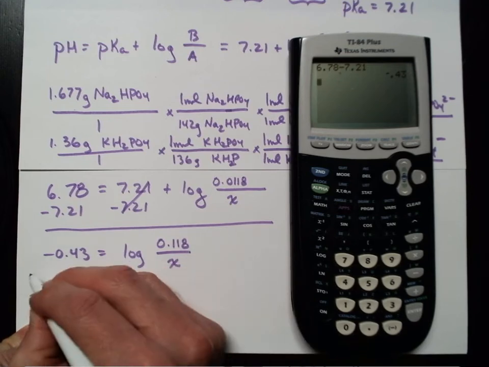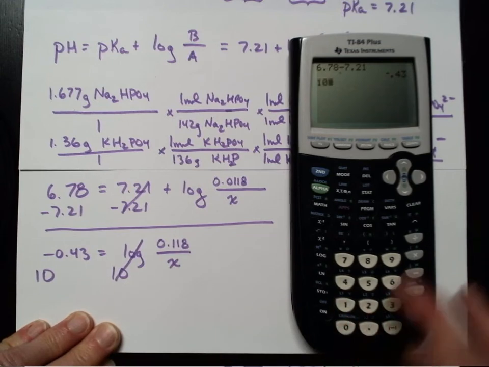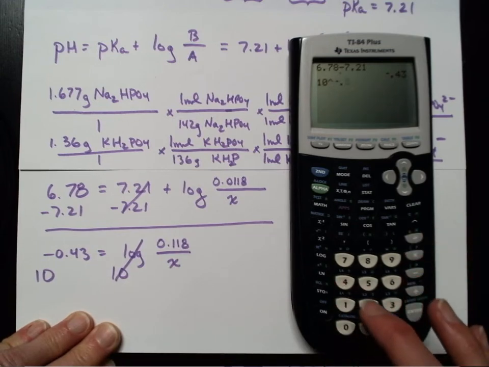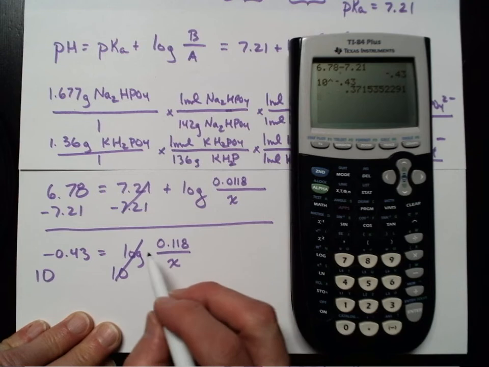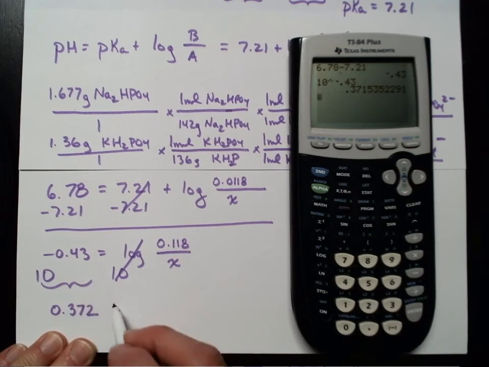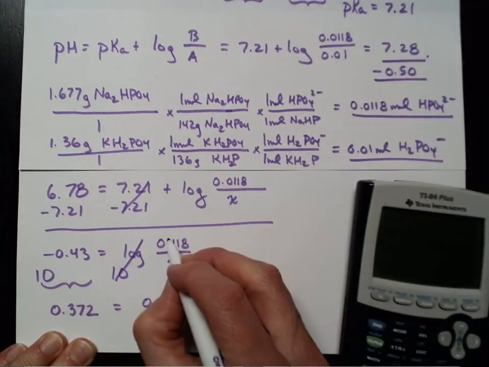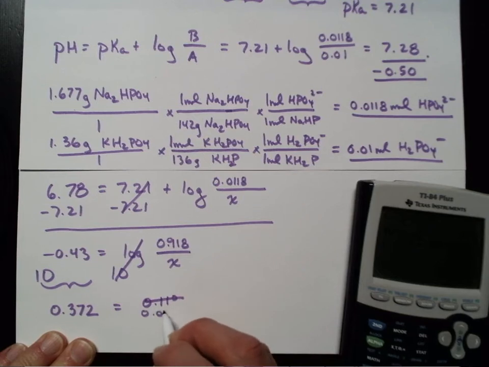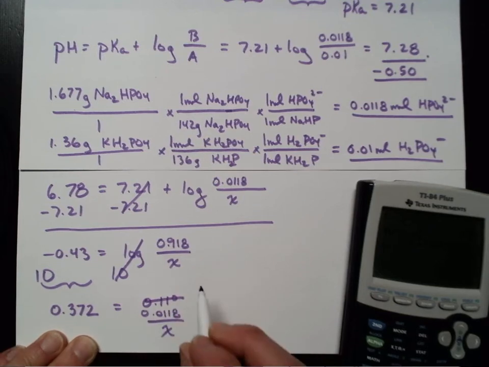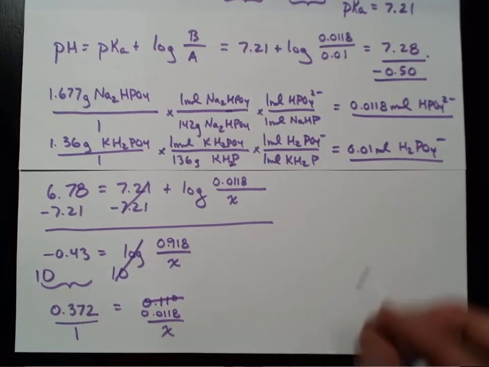The inverse of the log is 10 to the power of, so take 10 to the power of both sides. This cancels. 10 raised to the power of negative 0.43 is 0.372. So 0.372 is going to equal 0.0118 divided by x. I'm just going to take the inverse of both sides, so I flip this side and flip this side.